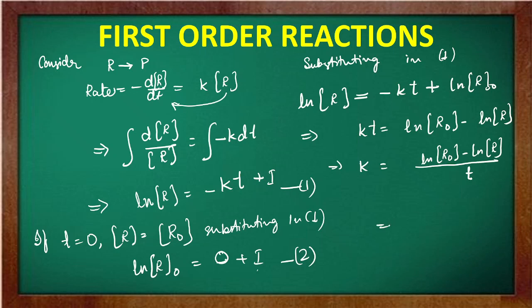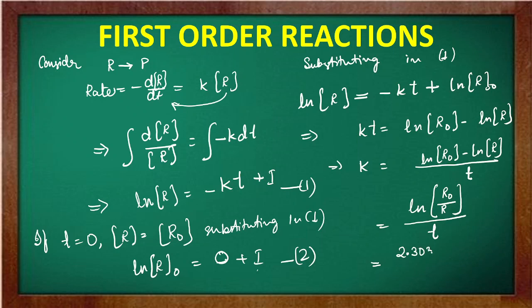Now if you remember your formula, log A minus log B is equal to log A by B. So this will be equal to ln of [R] naught by [R], divided by t. Now if you are to convert from ln to log, you have to multiply by a factor, that is 2.303.